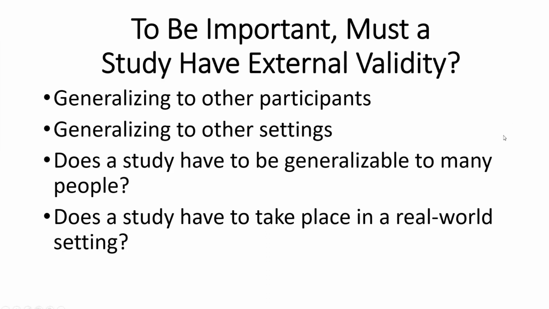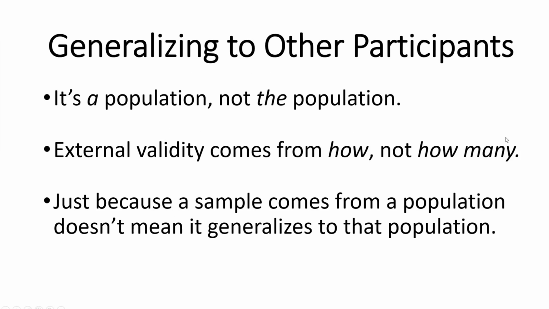So again, overview of the next couple of slides. A lot of these points are going to be fairly similar because we're talking about external validity, which we've talked about throughout the whole course. So these shouldn't be new concepts.